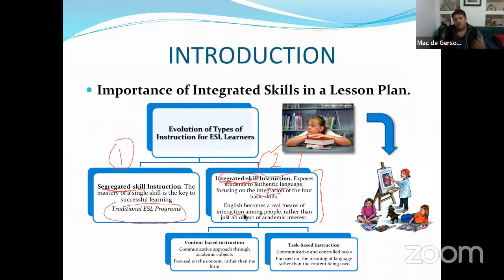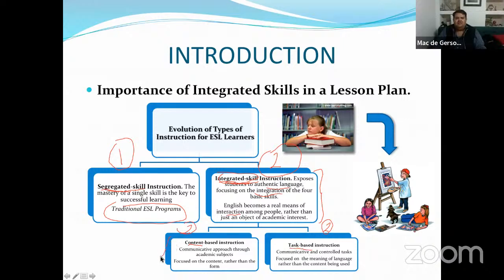So if you have your lesson plan and integrate all the skills, your students will be more inclined to learn English. All right. Y de aquí, we have 2 approaches or 2 methods of teaching, content-based and task-based.